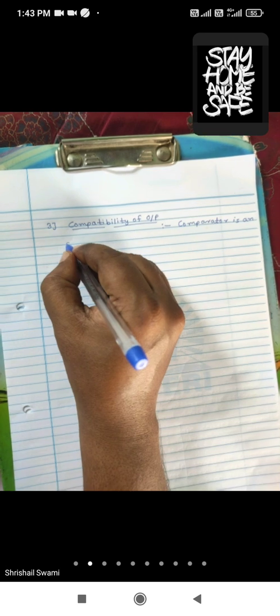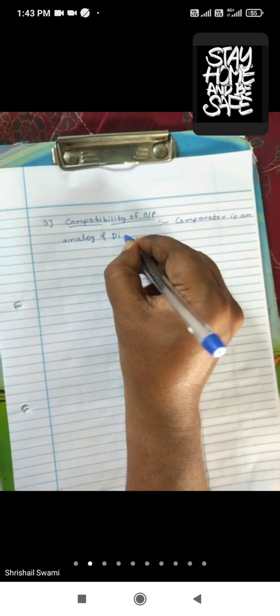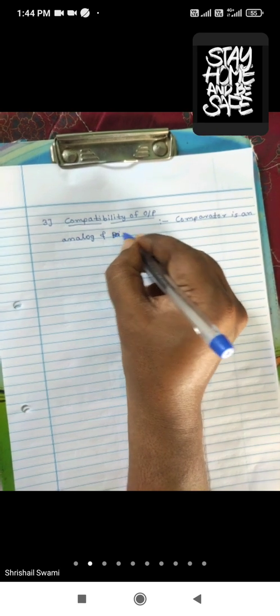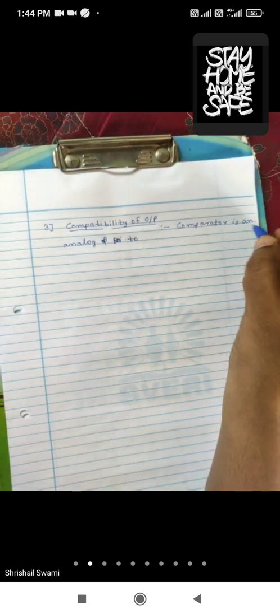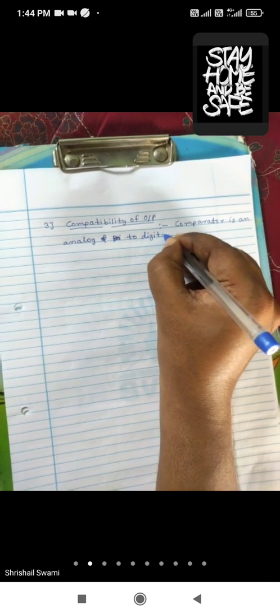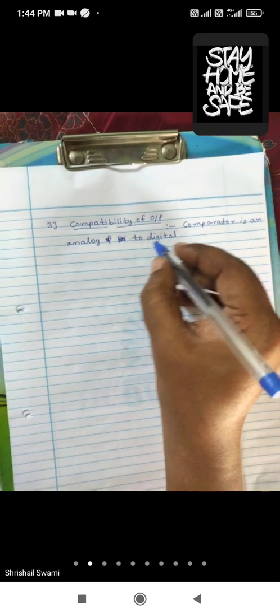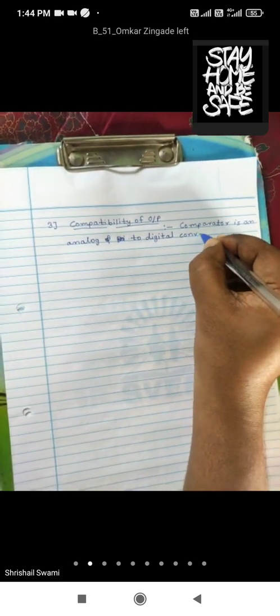Comparator is an analog to digital converter, because it gives the square wave. Square wave represents a digital signal. So comparator is an analog to digital converter.